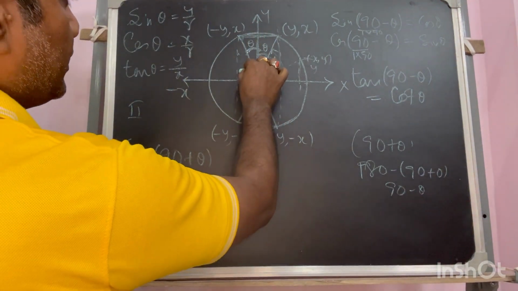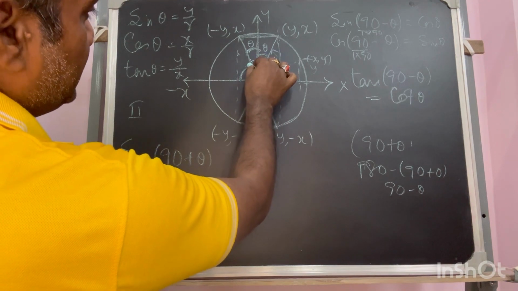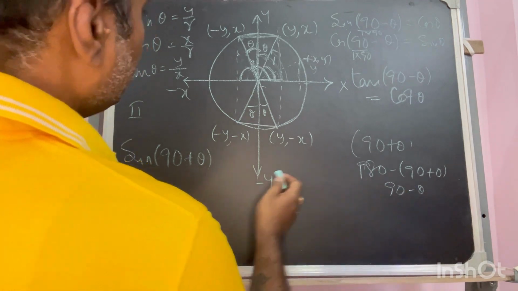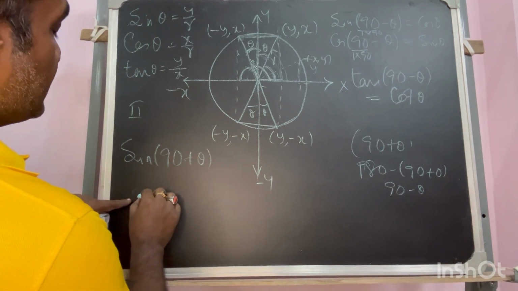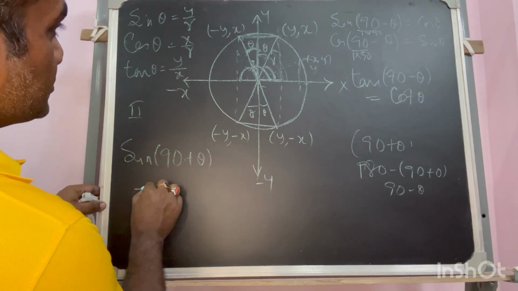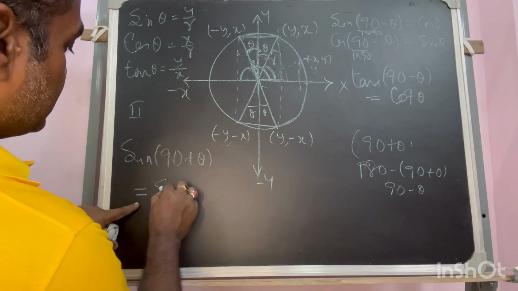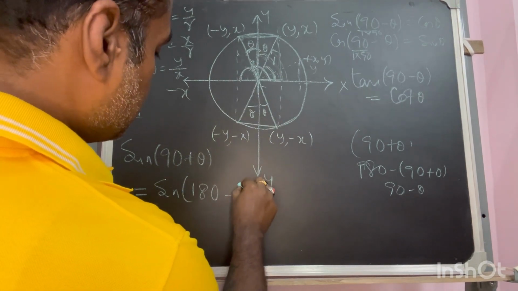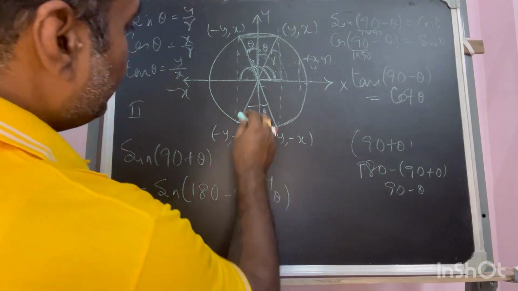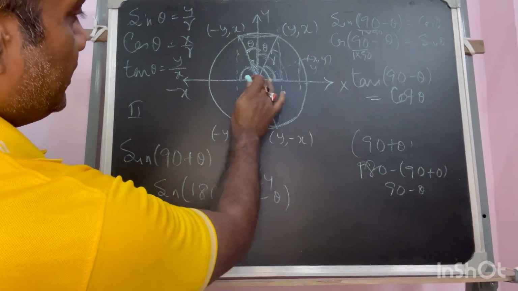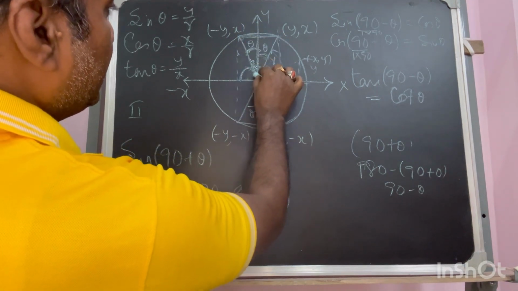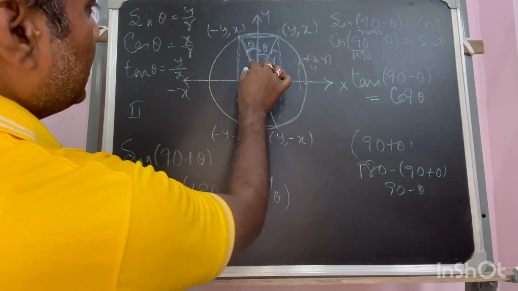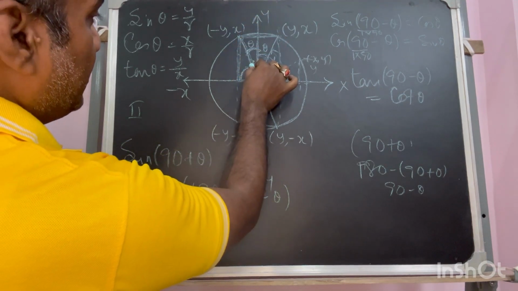So I have to take the angle for sine 90 plus theta of this angle. So sine of 90 plus 90 minus theta will be considered for this angle. So this will turn into sine of 180 minus 90 minus theta, because I have to consider it with the positive or negative x-axis, but the triangle here is making a triangle with this only. So I have to take the help of this triangle, but to get that ratio, I have to get this angle.